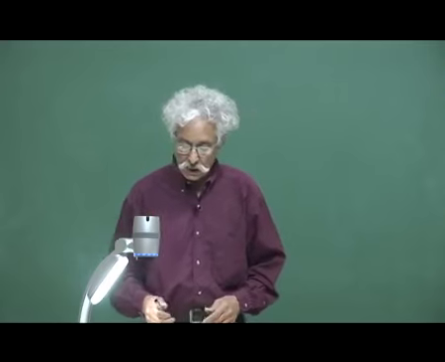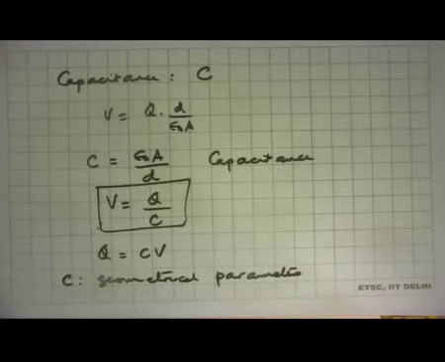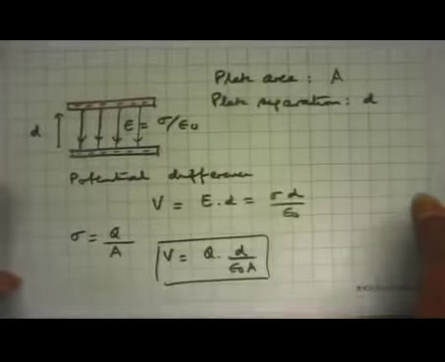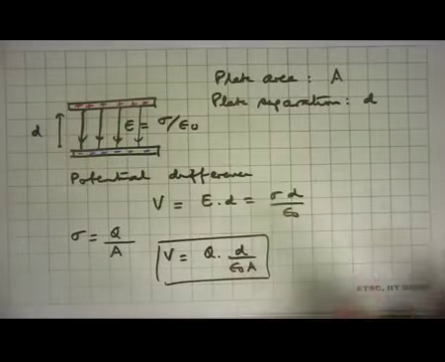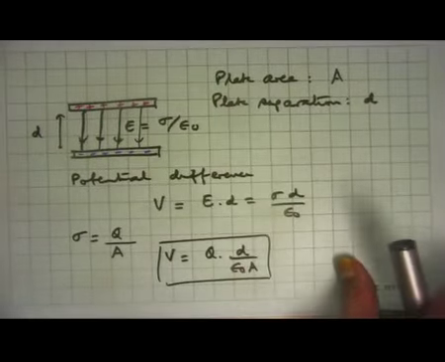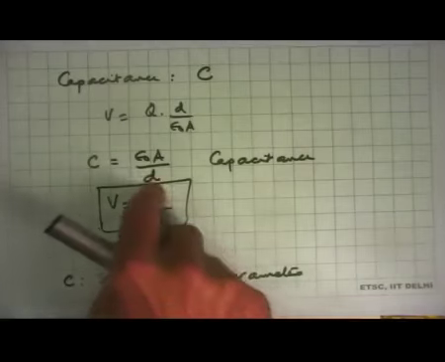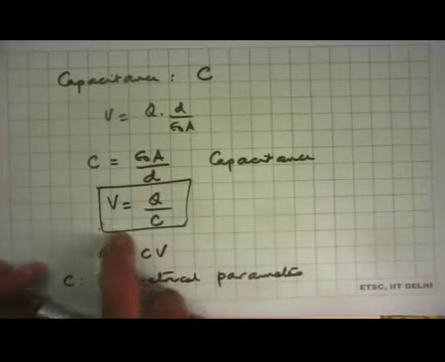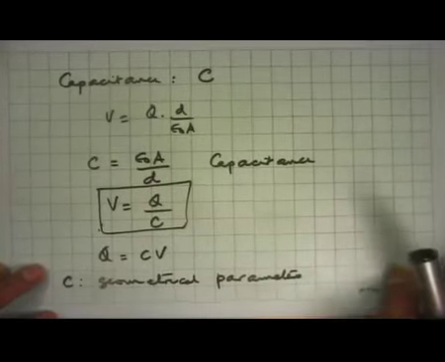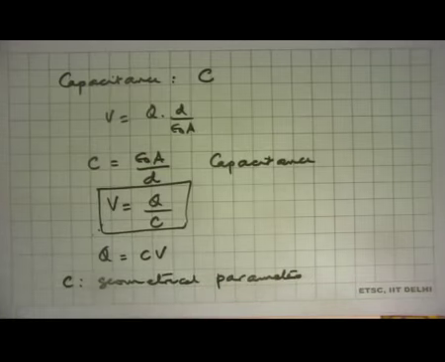Now, in this we have calculated C as epsilon 0 A by d, that is an approximate relationship for a parallel plate capacitor, because we have effectively in this calculation neglected the effects of ends, but this is a reasonably good approximation. If you were to calculate more precisely, you will get a slightly different value of C compared to this number, but otherwise this relationship will be still valid. V is equal to Q by C, where C is the capacitance of this conductor pair.